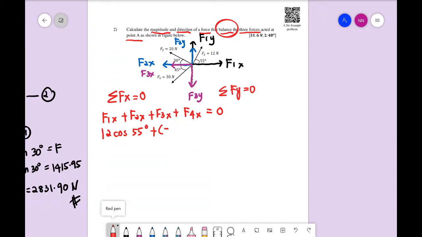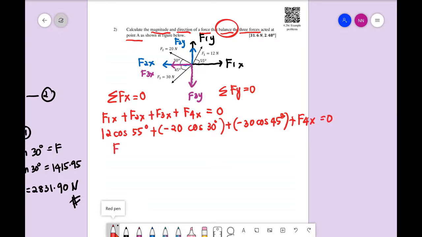We can simply substitute the value of F2. F2 is 20 cos 30 degree, and then plus F3x, negative because it is to the left. F3 is 30, so F3x is negative 30 cos 45 degree. And then plus F4x, which is the unknown.